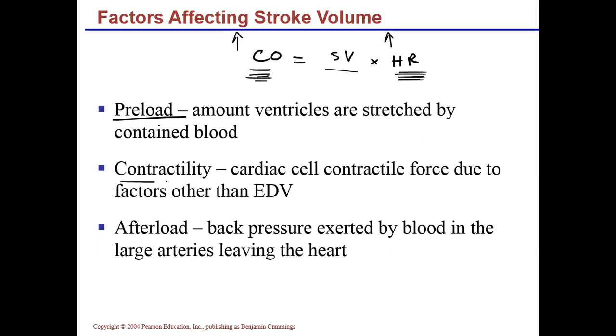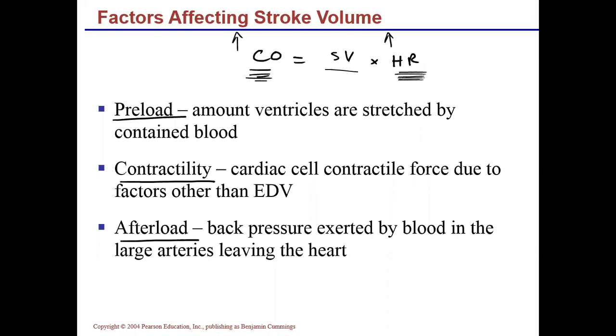One is called preload, the other one is contractility, and the third one is afterload. All right. So preload: the amount the ventricles are stretched by contained blood. Just like a balloon, if you fill it up with water, it expands a little bit. Now you can have more water inside your balloon because it stretches.